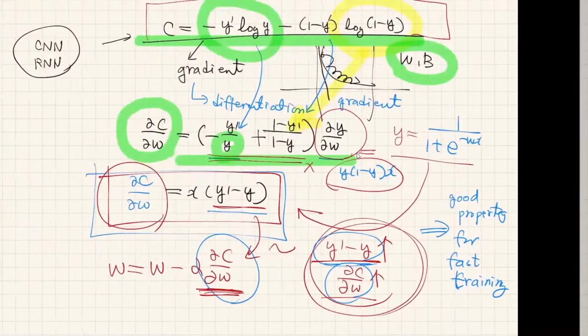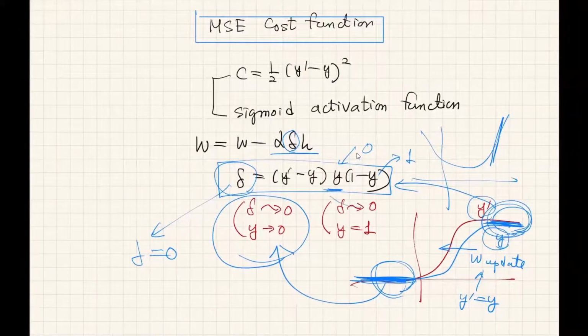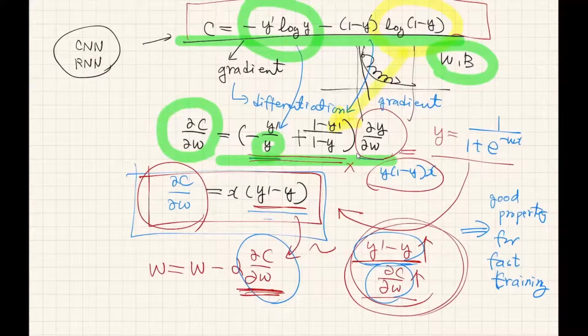On the other hand, if you are using the cross entropy function, we do not have this term. It's simply becoming the difference. So it will still update the weight until it reaches an optimal point.